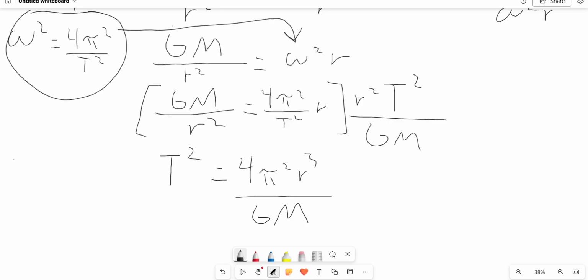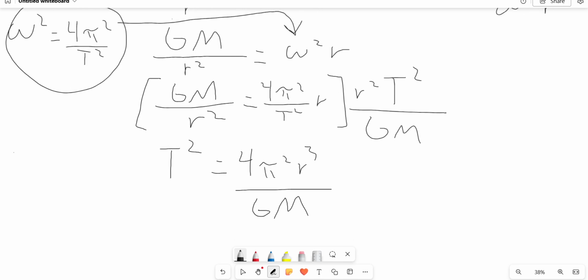So for a mass orbiting a planet, the orbital period does not depend at all on the mass of the satellite orbiting. It only depends on the radius, the gravitational constant, and the mass of the planet that is being orbited. That's it. And of course, if you want T itself, you could just square root both sides.